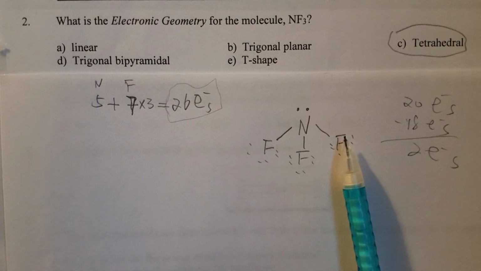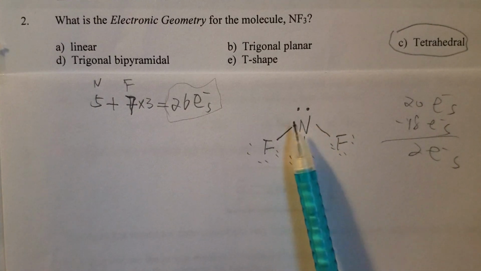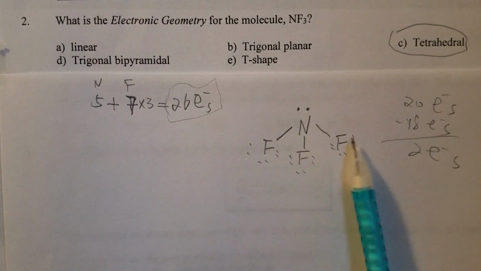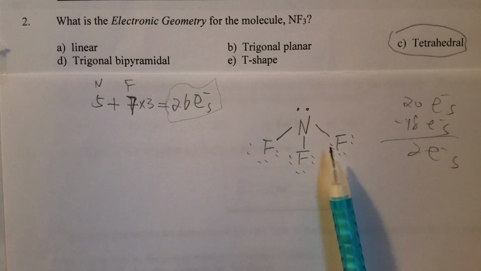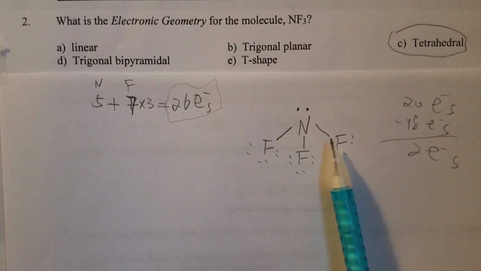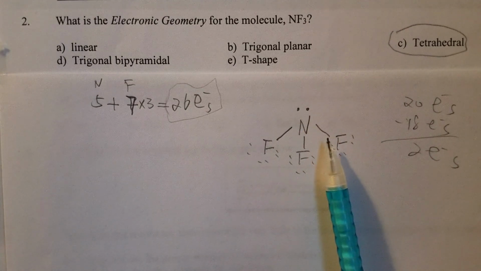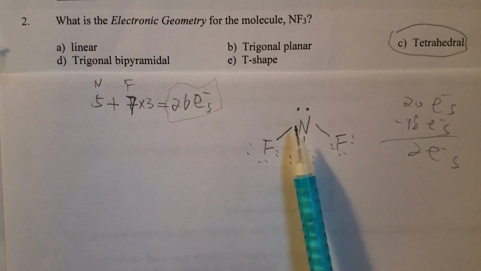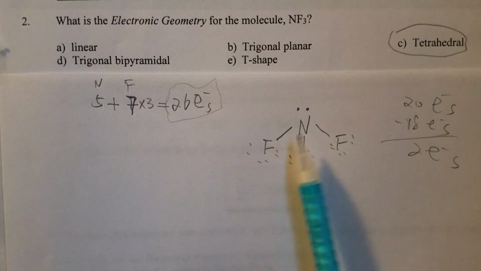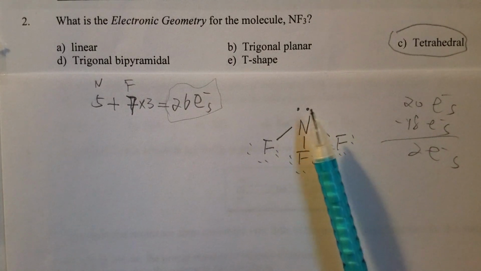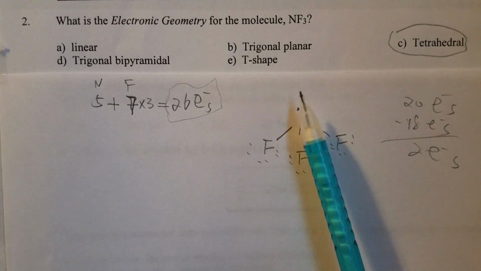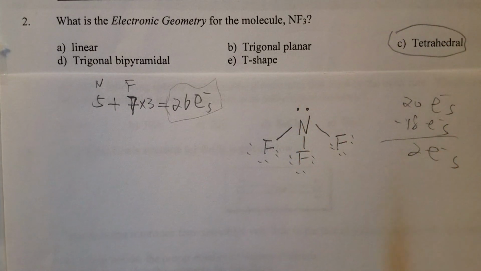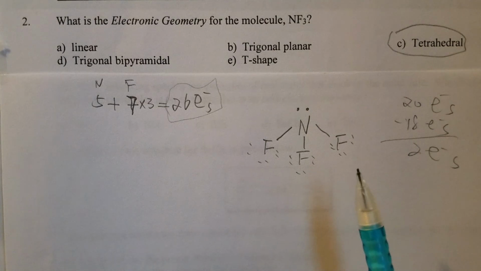For molecular geometry, we only focus on the atoms, in other words the atoms involved in chemical bonds, the bonding ones. Of course, this lone pair has no atom there, so it does not show up in the shape of the molecule.